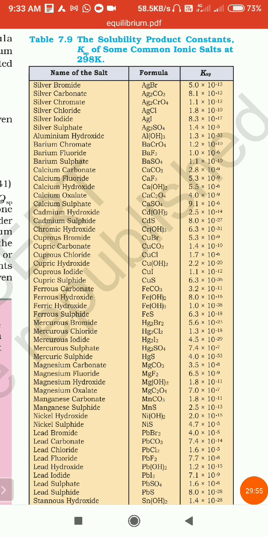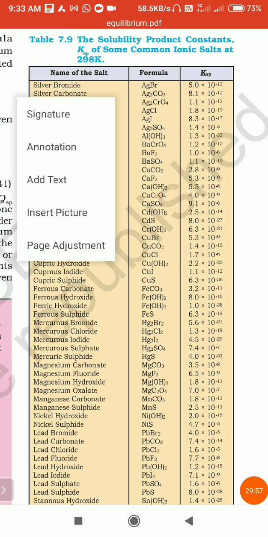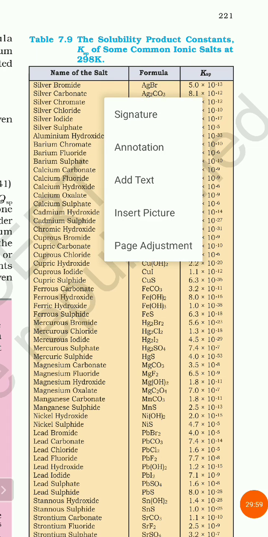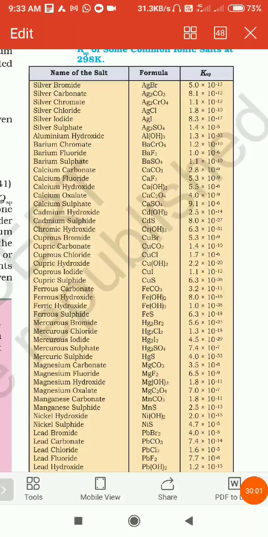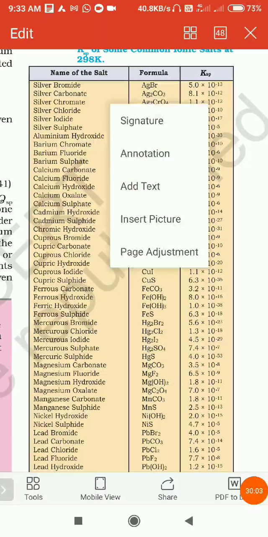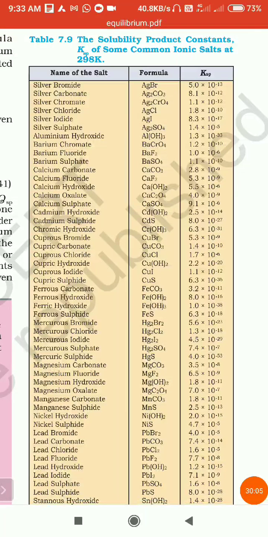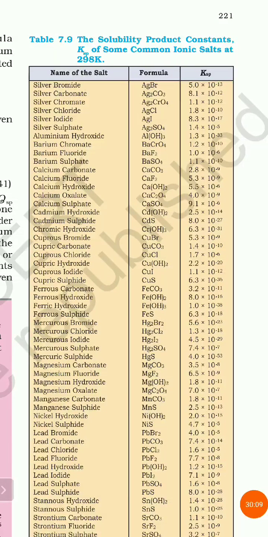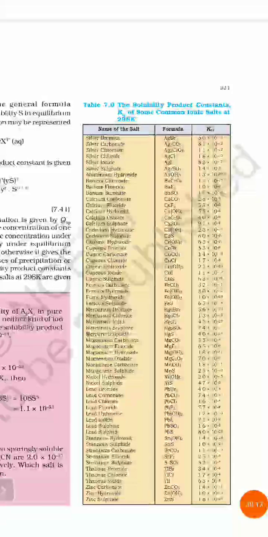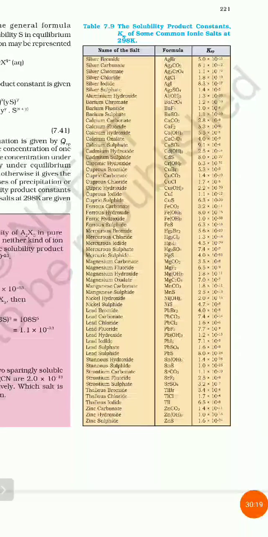Silver bromide, AgBr. Silver carbonate, Ag2CO3. Silver chromate, Ag2CrO4. Silver chloride, AgCl. Silver iodide, AgI. Silver sulfate, Ag2SO4. All these formulas are very, very important. You have to learn the formulas and the names of the salts.